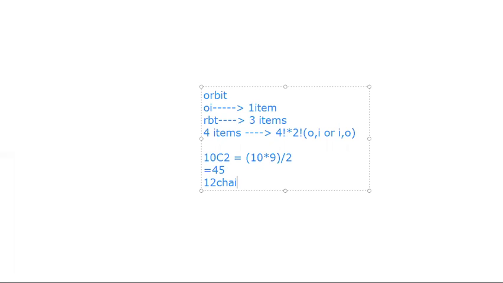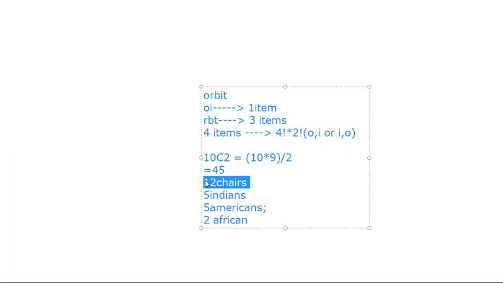There are 5 Indians, 5 Americans, and then you have 2 African people. The question is, in how many different ways can they be arranged in those 12 chairs such that people of the same country sit together?